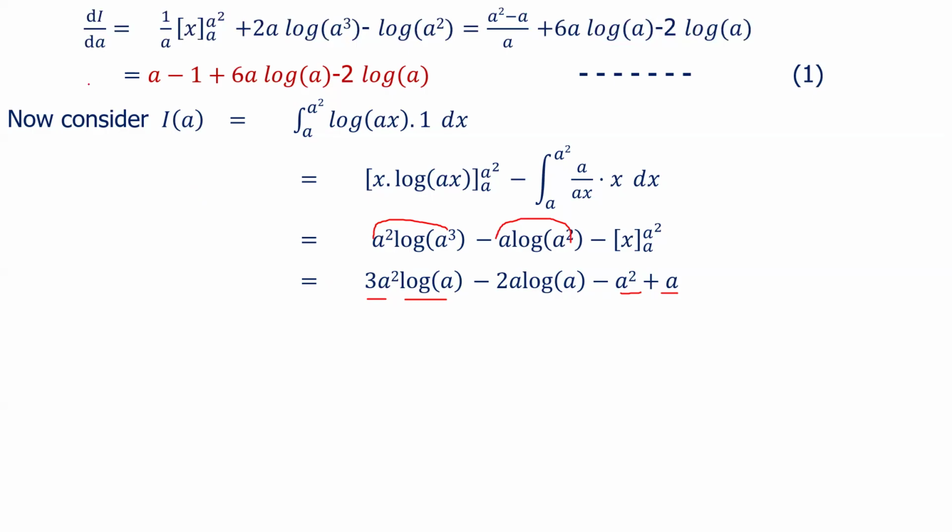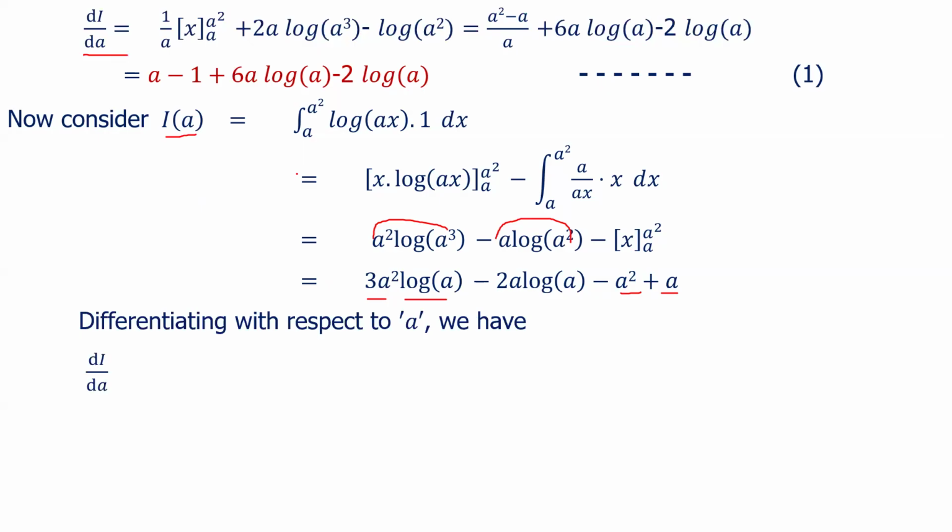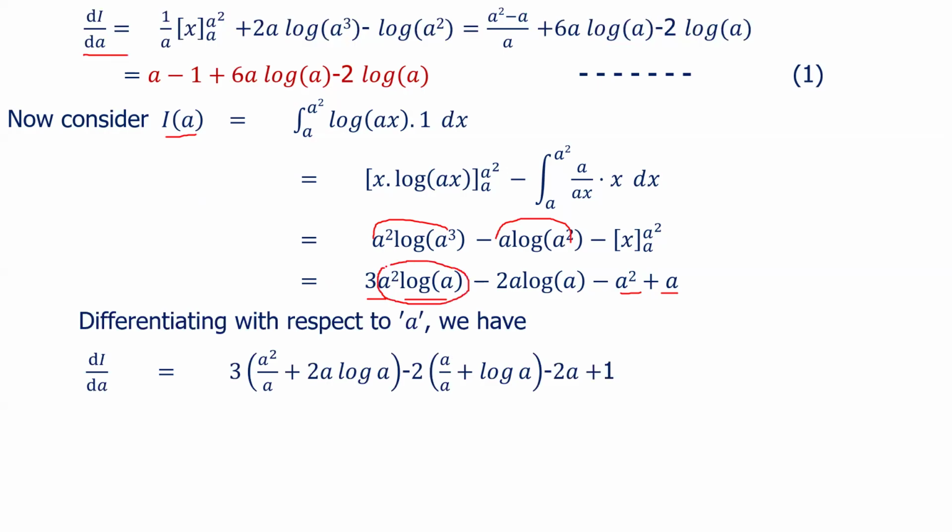Now we want to find the derivative of I with respect to a. So let us differentiate it. Differentiating with respect to a, we have dI/da, which is equal to, now here this is the product of two functions, a square and log a.